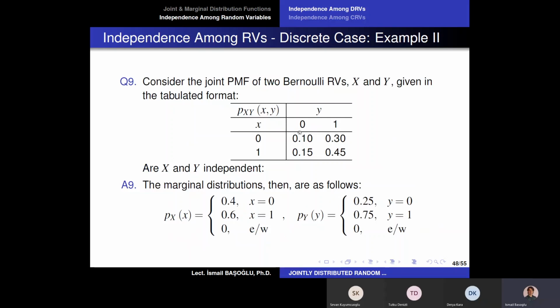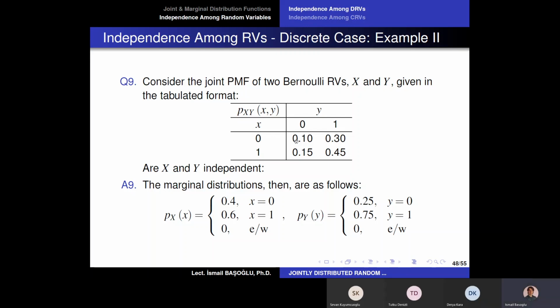In this table, if all of the rows are linearly dependent on each other, so you know the definition of linear dependence from linear algebra, right? So imagine now this table is a matrix. If all the rows or all the columns are linearly dependent on each other, then we say that these two random variables are independent.